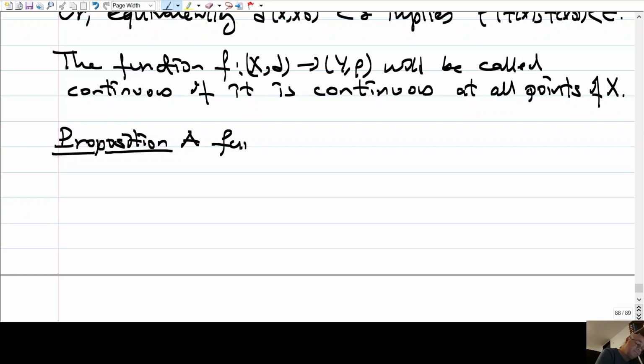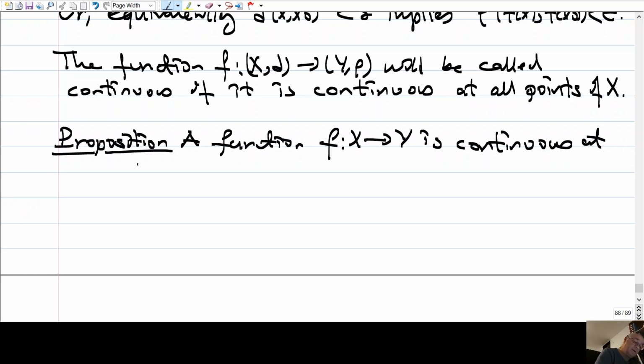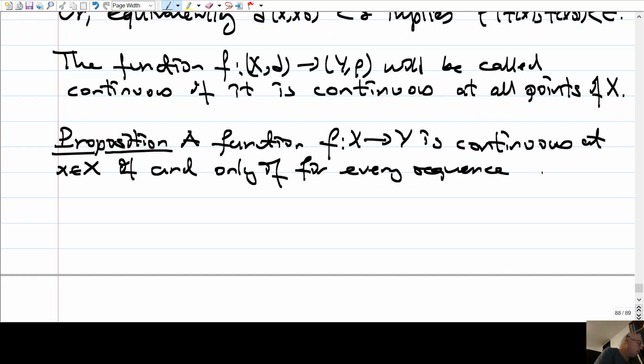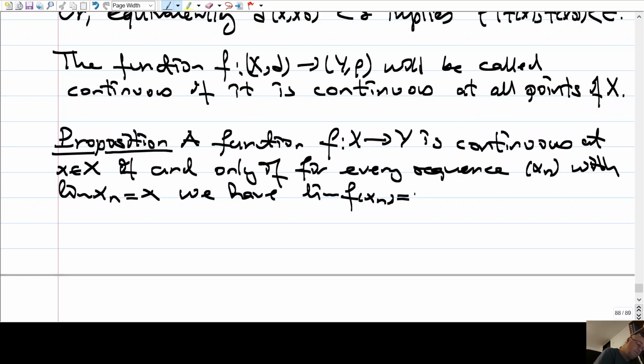A function f from a metric space X to another metric space Y is continuous as above at some point x if and only if for every sequence xn with limit xn equals x, we have limit f of xn equals f of x.